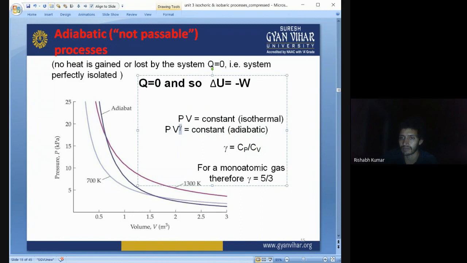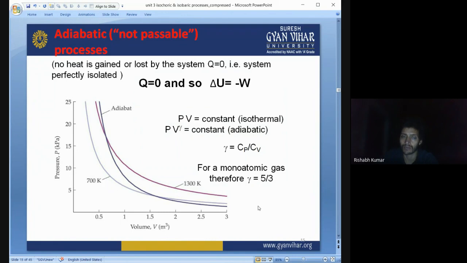Cp is the specific heat at constant pressure, and Cv is the specific heat at constant volume. So gamma is the ratio of specific heat at constant pressure to the specific heat at constant volume. For a monatomic gas, gamma becomes 5 by 3.